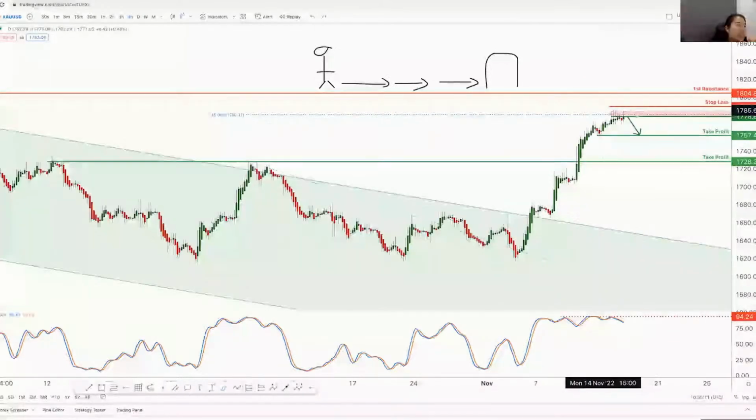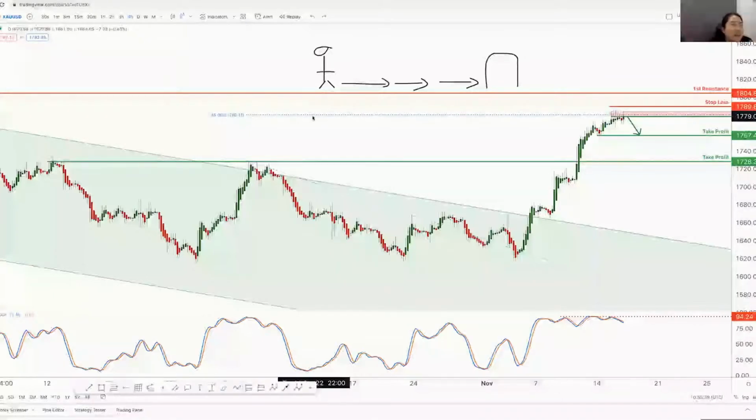I do identify that there is some form of resistance at this door. Why? Because number one, there's a 145 Fibonacci extension here. Although 145 is not a typical level that we look at, it is still something we should be considering. Let's say in real life you reach a door, you're trying to open it, and you wonder, how come I can't open the door?